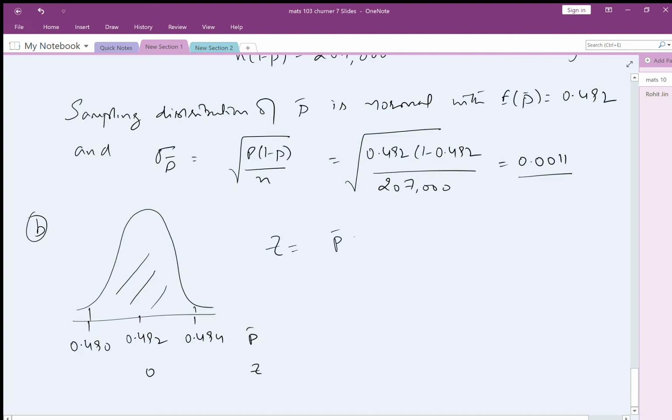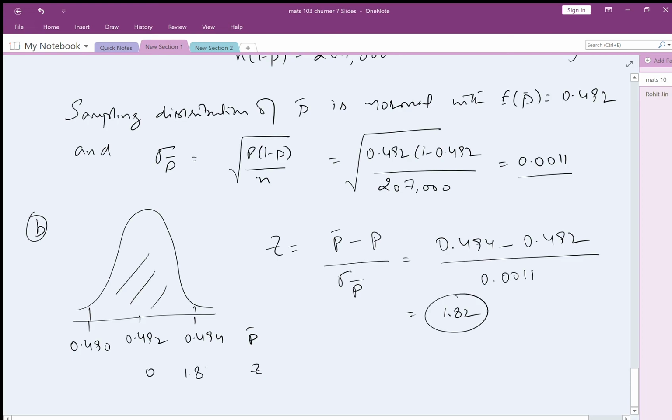The z-score is p bar minus p divided by the standard error. So p bar is 0.494 minus p, which is 0.492, divided by the standard error, which we just found in part A, 0.0011. So this comes to a z-score of 1.82. If this is 1.82, then this is negative 1.82.